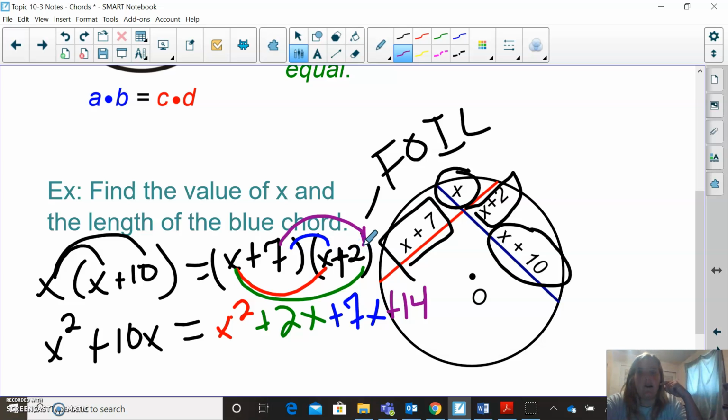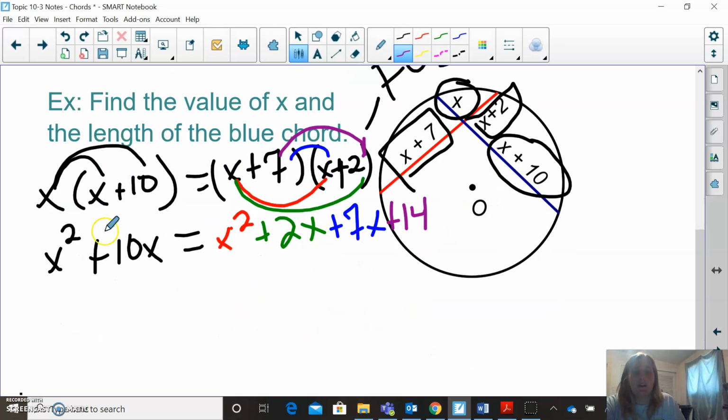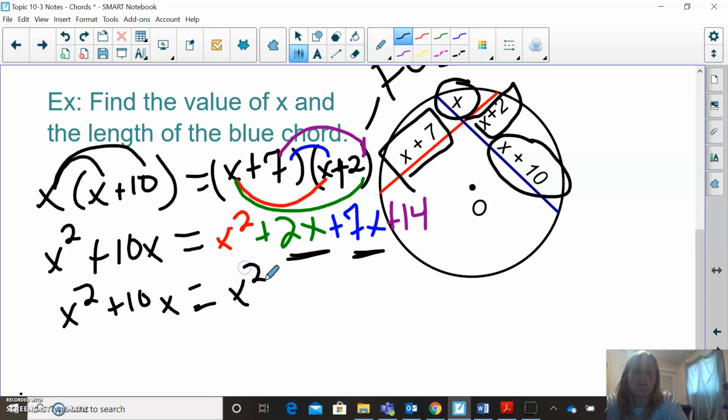Boom. So now we can combine like terms on the right-hand side. We do have some like terms here, 2x and 7x. So x squared plus 9x plus 14. Now we need to get everything on the same side of the equation.